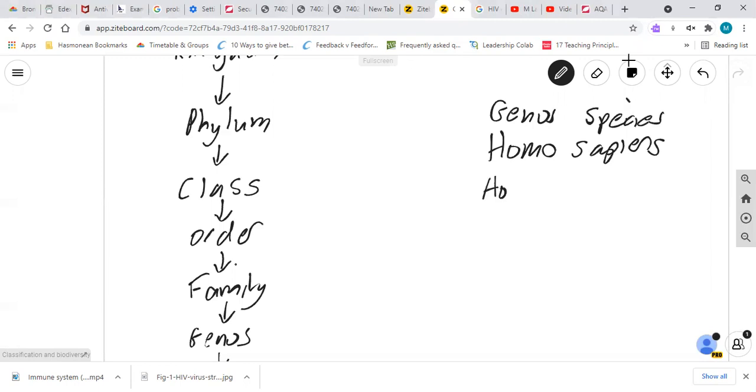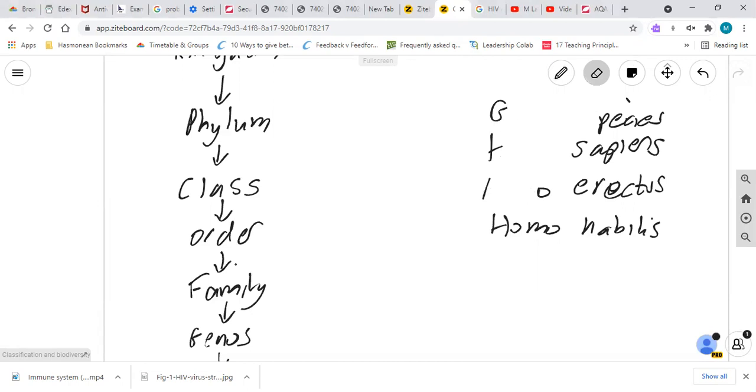So if we look at other forms of man that we believe existed, we've got Homo erectus, we've got Homo habilis. We were all of the same genus, which means we all belong to the same family, order, class, phylum, kingdom, and domain, but we are all different species, which means that we would not be able to mate with each other and produce fertile young.